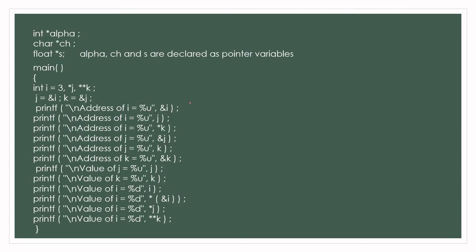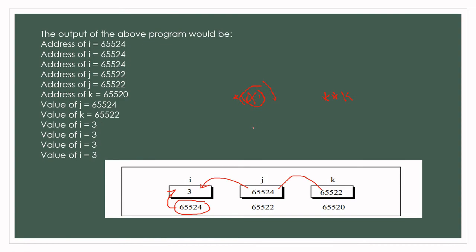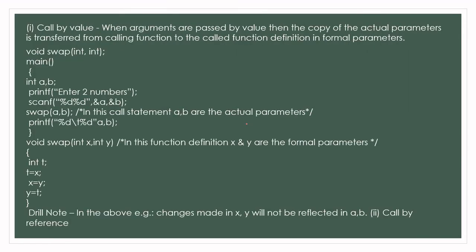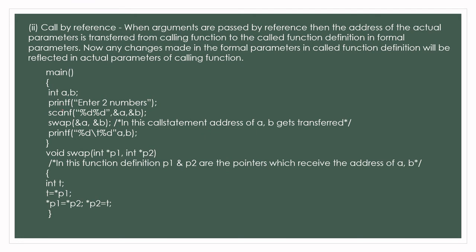So go through this, and here I would come back. So in call by reference, one would ask for two numbers a and b, and this function is written over here, swap a and b. But then there's a twist. So the address of a is in pointer p1, and this is the address of b.